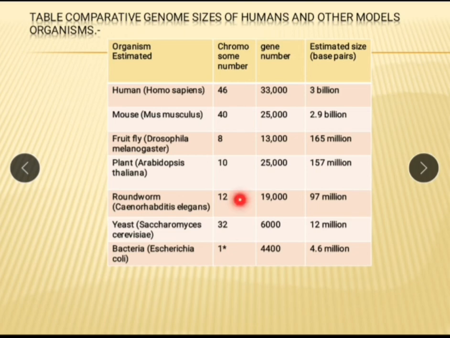Roundworm, chromosome number 12, gene number 19,000 and base pairs 97 million. In yeast, chromosome 32. It is a unicellular fungus. Though it consists of a single cell, it has 32 chromosomes, genes 6000 and base pairs 12 million. And bacteria E. coli, only one chromosome but genes 4400 and base pairs 4.6 million.